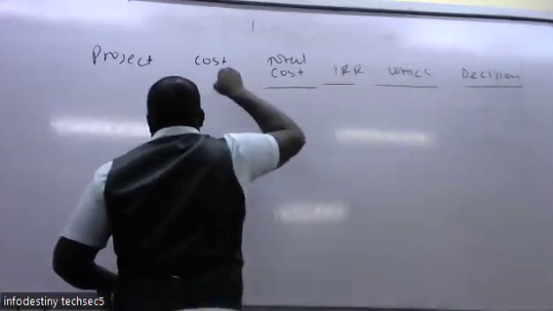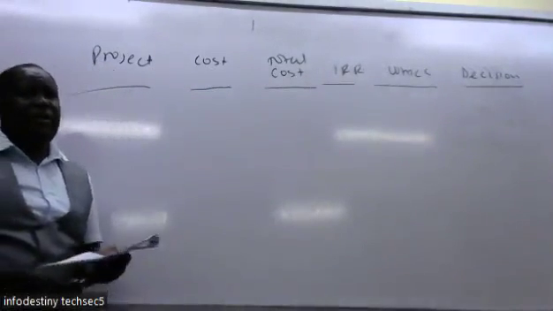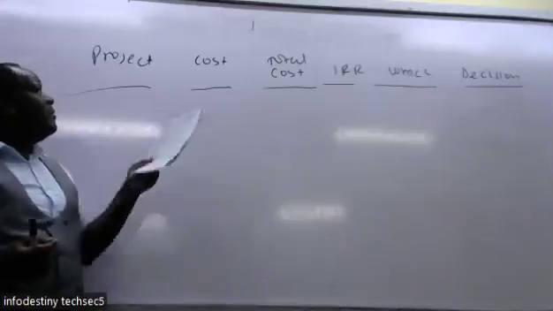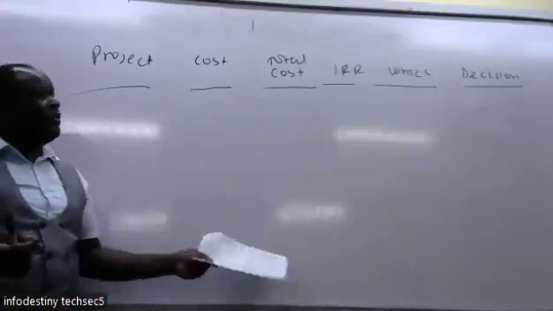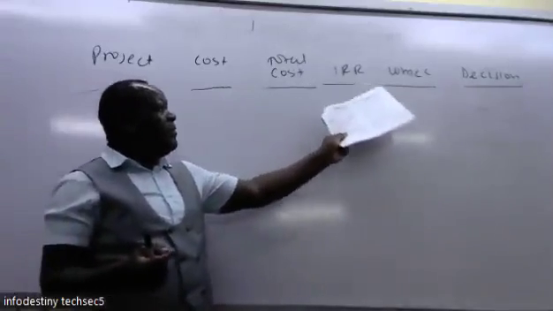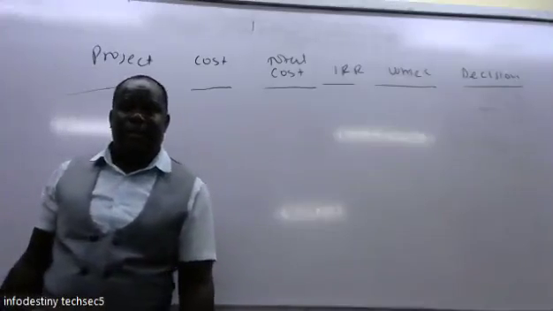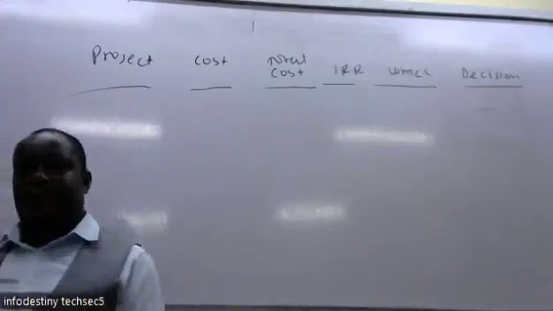So we prepare our schedule in that order. We start with project, cost, total cost, IRR, WMCC, and also the decision. We arrange it in that manner.